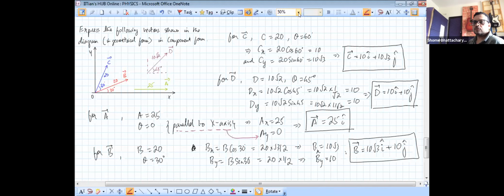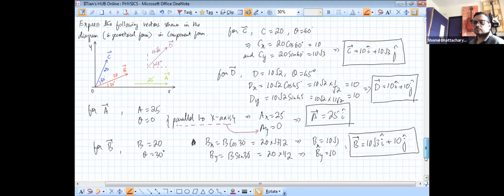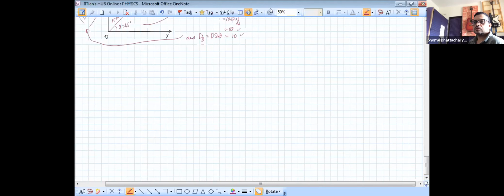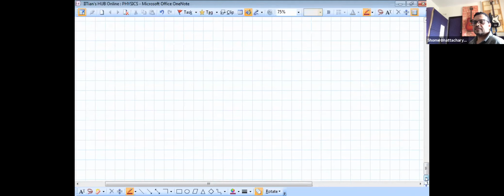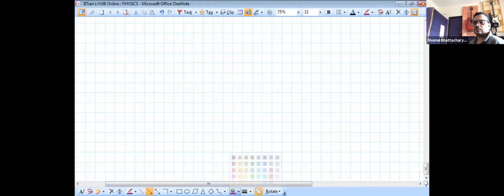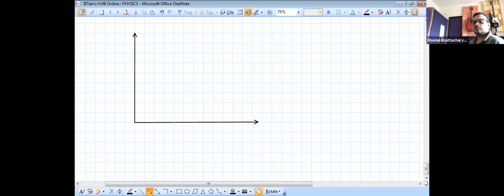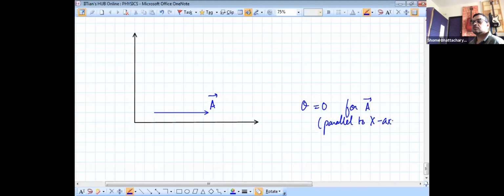So you can see one more thing also. Through this, you will understand the logic for another statement that I am making here. If you have a vector which is parallel to the x-axis, like the vector E that we have taken over there, for this vector E, theta is equal to 0 because it is parallel to the x-axis.